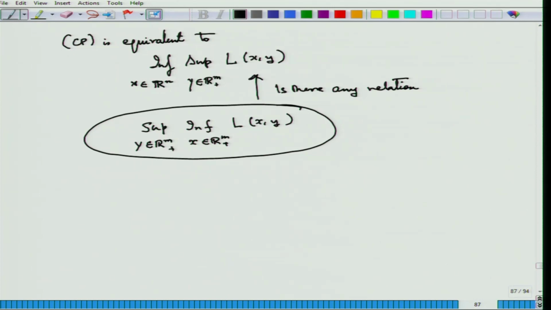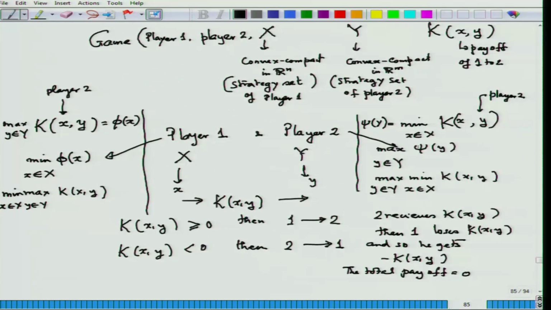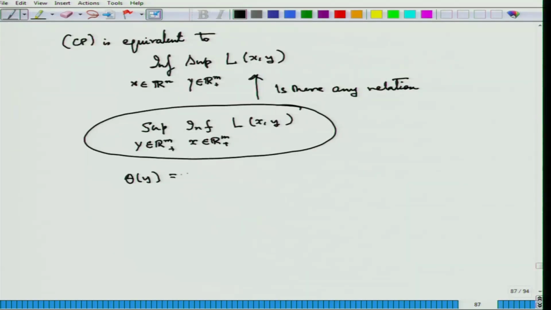Now, if I break up this problem a bit, then I can write theta of y, which is your psi of y here. Theta of y I can write as infimum. Now, the dual problem is the supremum of this problem, which I call the dual problem.